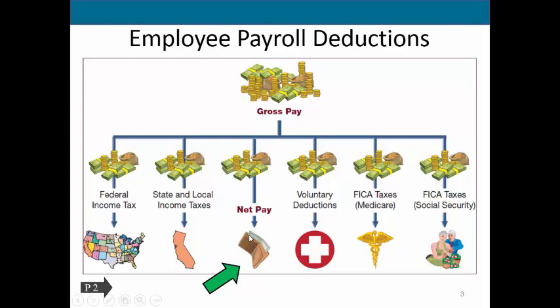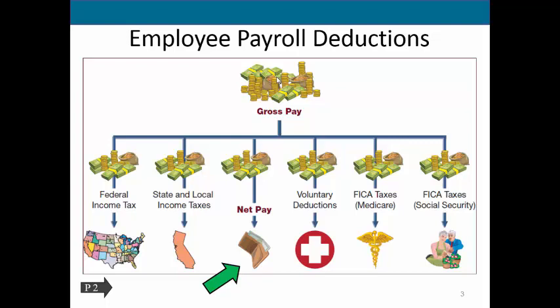So what happens? What is the difference between the $2,000 gross pay and the $1,500 net pay? Those are our employee payroll deductions. Note I'm saying employee because this is the payroll deductions that an employee has withheld from their check, and then these deductions are deposited to the various places based on the company's liabilities.